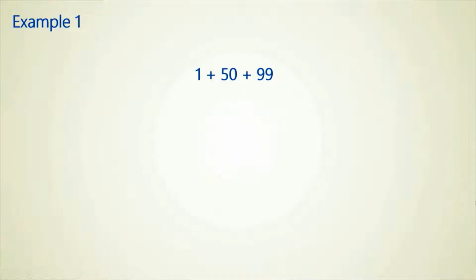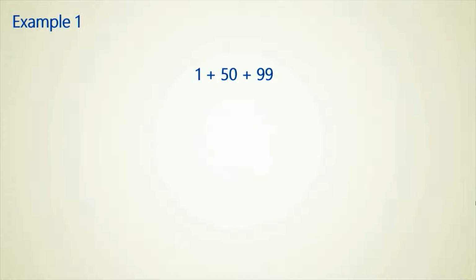Let's look at our first example, 1 plus 50 plus 99. If we follow the order of operation, we would add 1 to 50 gives 51 and add that to 99. So here you can see there's a 1 and a 99. If we add 1 to 99, that will give us 100, which is easier to compute.